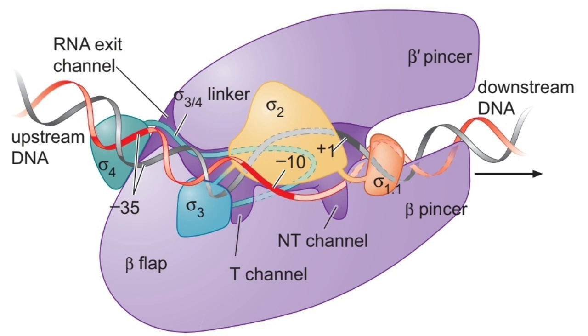The downstream DNA enters the active center in double-stranded form through the downstream DNA channel between the beta pincers. The non-template strand exits the active site cleft through the non-template strand channel, which is marked here with the capital letters NT, and travels across the surface of the enzyme.